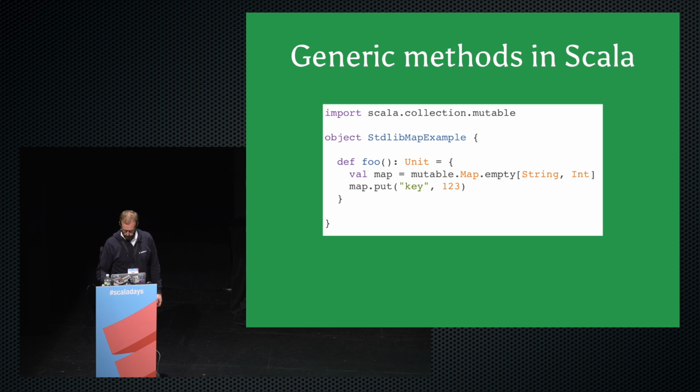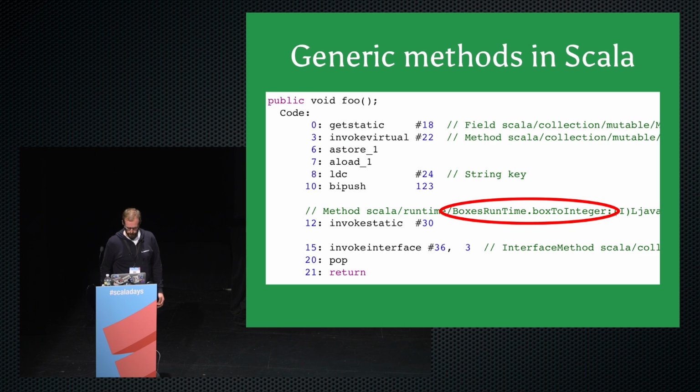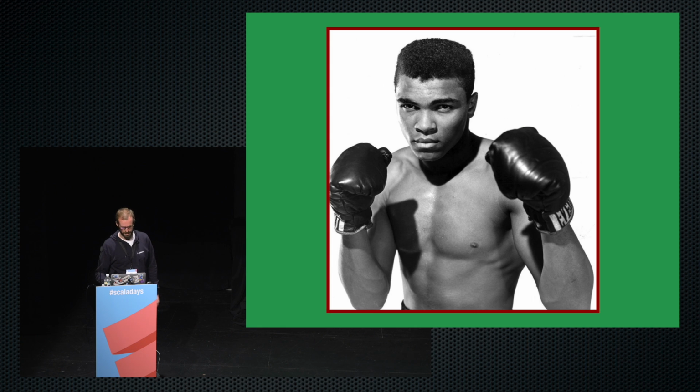So if we look at the bytecode for that, you can see that we have the same problem. Before we can call the function, we have to convert from an int, a primitive int, to a reference type, an Integer. And can anyone remind me what this conversion is called? Boxing. Very good.